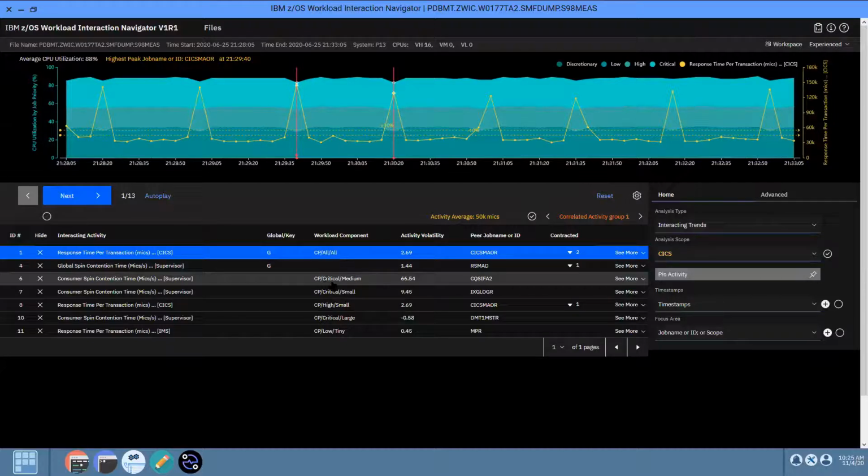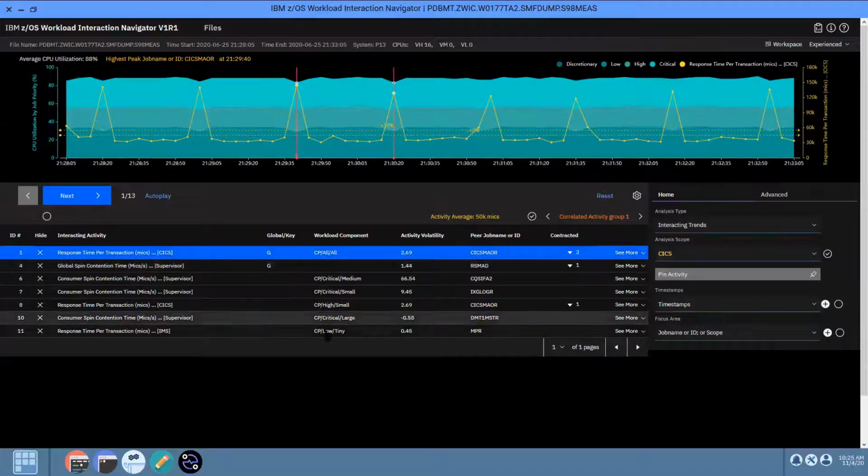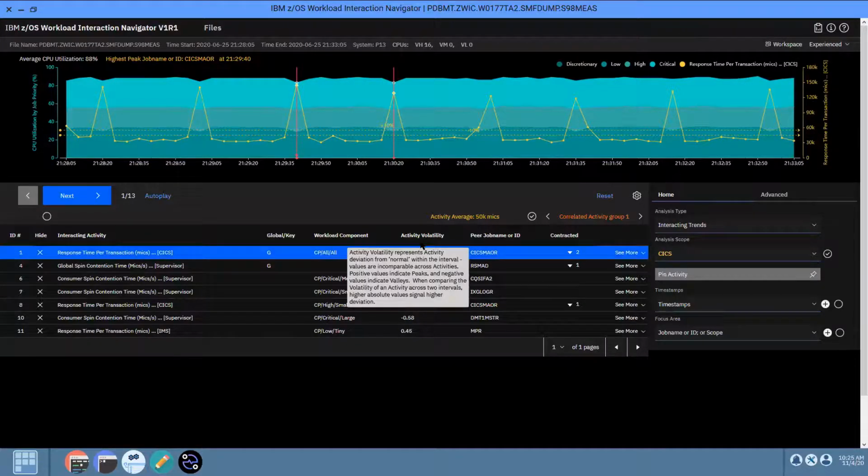So this first one is for CP critical medium. So that's a particular cube. And then the list of global activities and workload component activities are ordered by activity volatility. Activity volatility is a mathematical representation of how much an activity is deviating from normal.